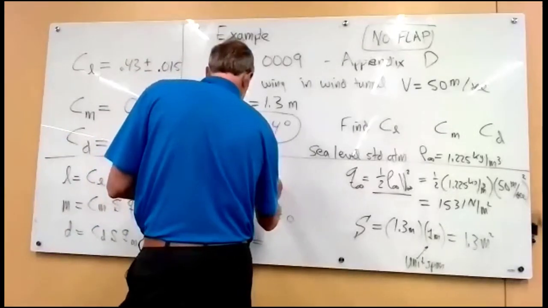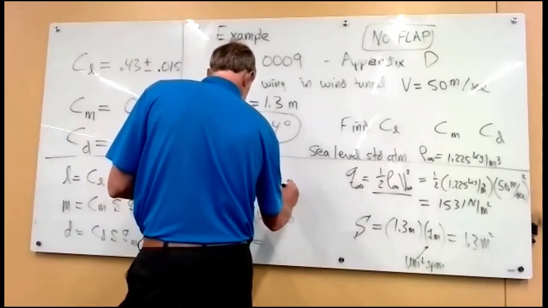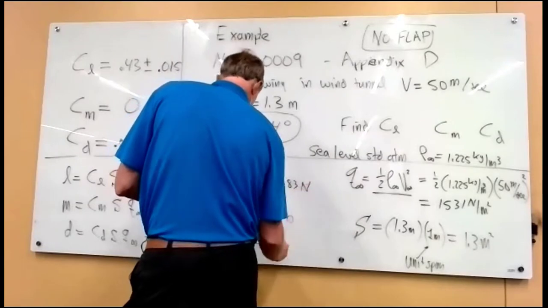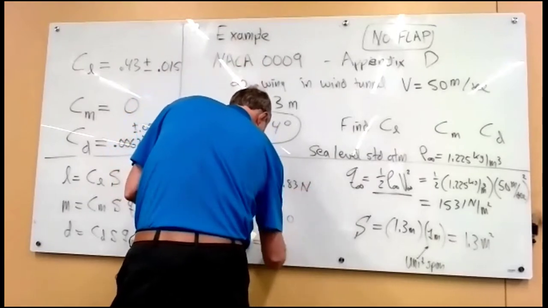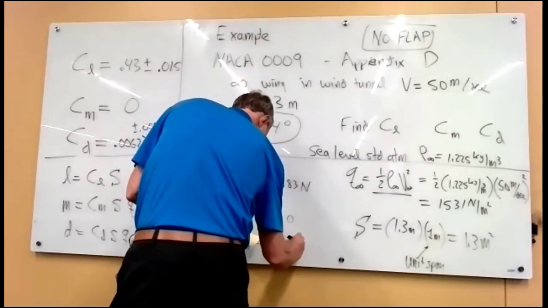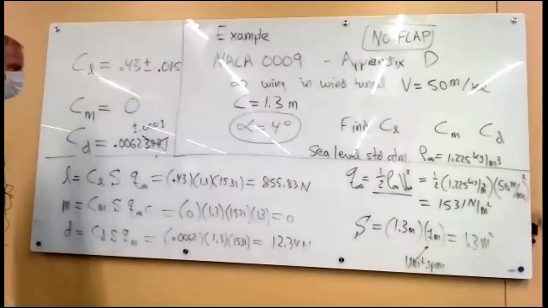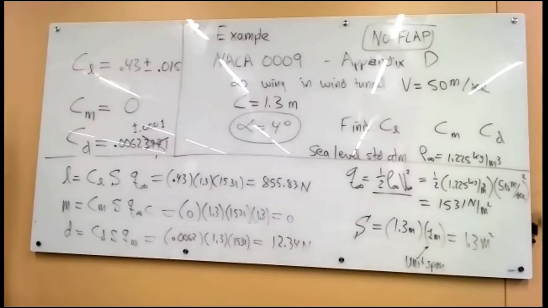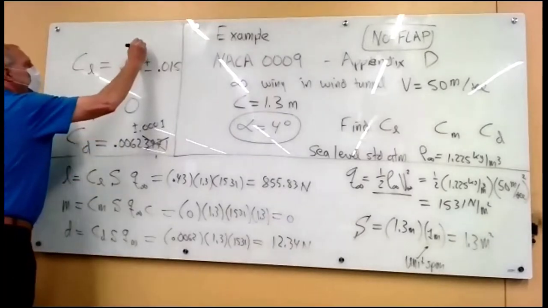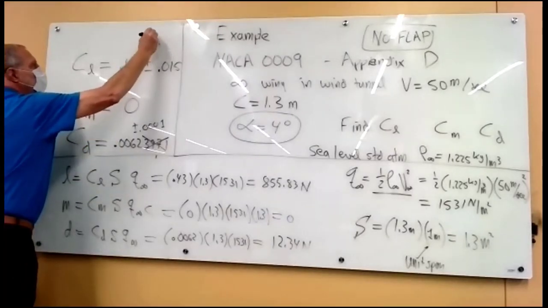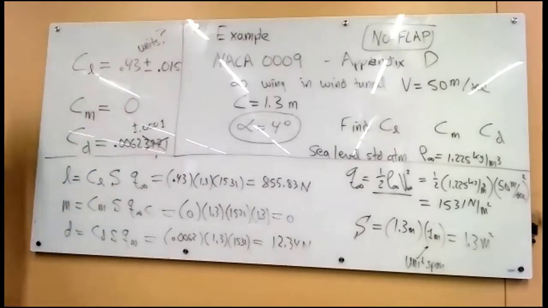If you punch these out, by the way, we were reading numbers off of here, and we didn't put any units for CL, CM, and CD. Why is that? Is that a mistake?